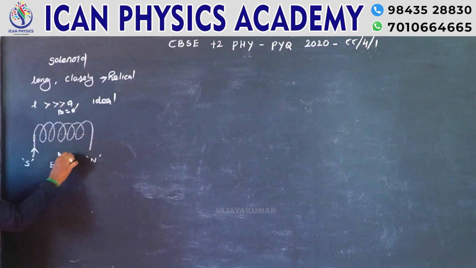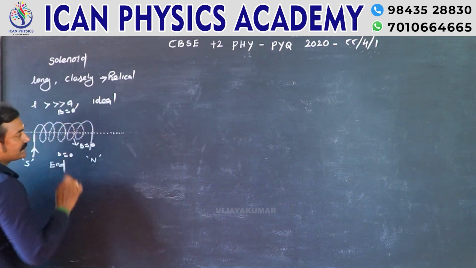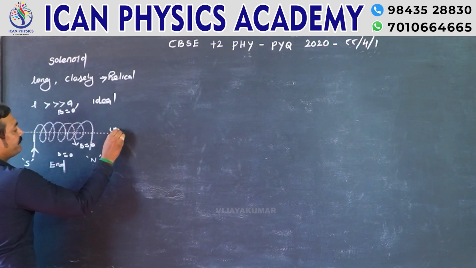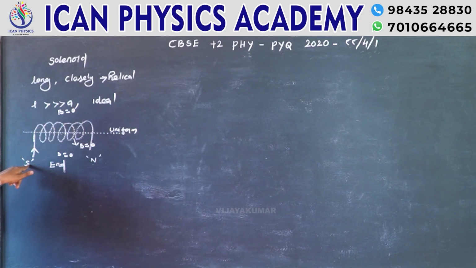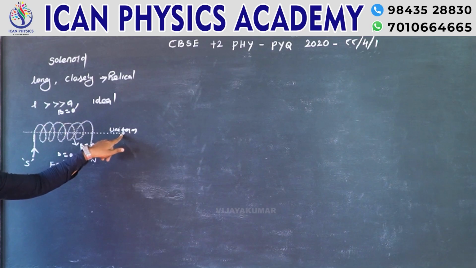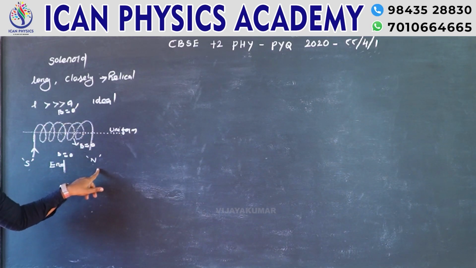Here also the magnetic field is 0. Between the two coils, the magnetic field is 0. Along the axis of the solenoid, the magnetic field is uniform. So, the current carrying solenoid acts as a bar magnet. The nearer end acts as the south pole, the further end acts as the north pole.